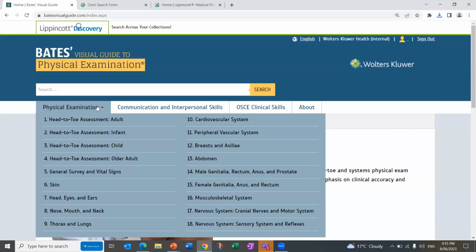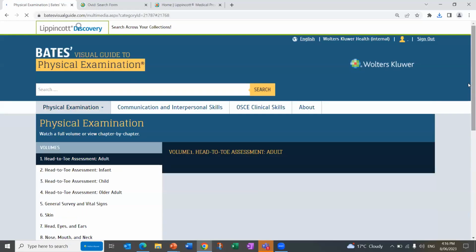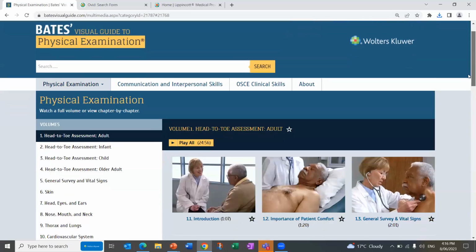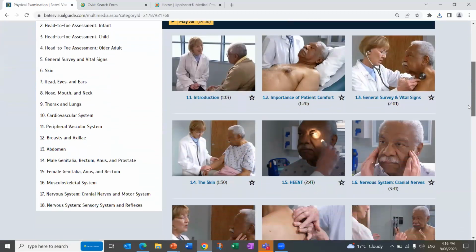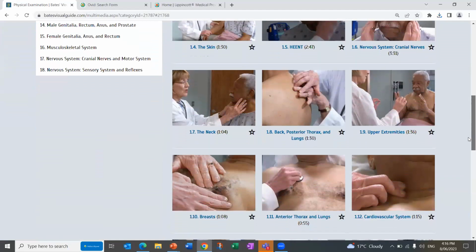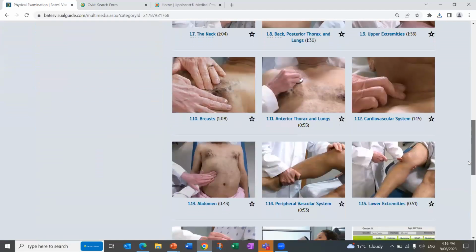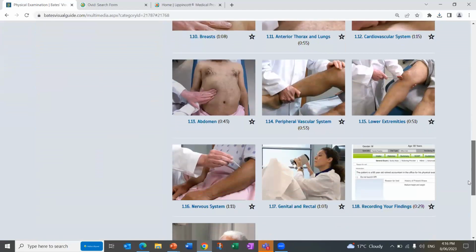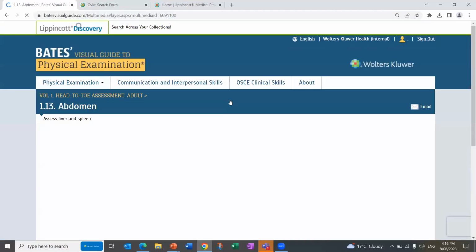So we can see here in these first 5 sections, this is about examining the whole patient, looking at an adult. This is our goal today, is to be able to examine an adult patient. We can see the process here of examining the patient as a total, and particularly looking at the abdomen here in this particular section. And if I needed to link into this, I would be able to make a link.